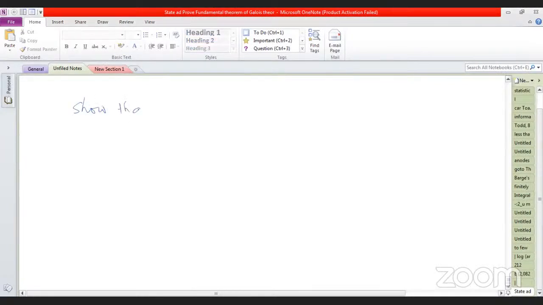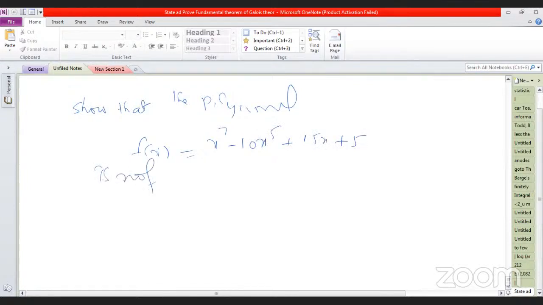Now some working: show that the polynomial f of x, x power 7 minus 10x power 5 plus 15x plus 5, is not solvable by radicals over Q.